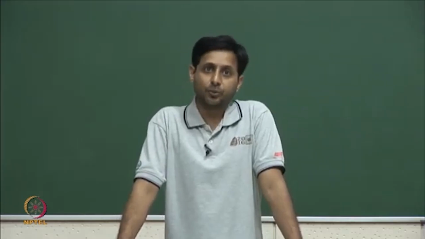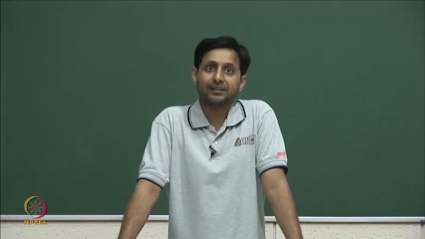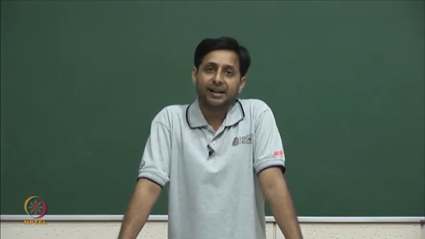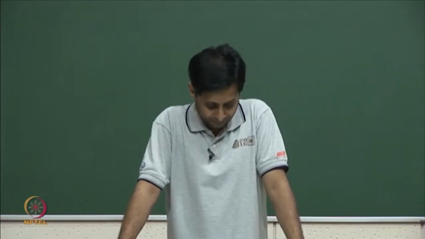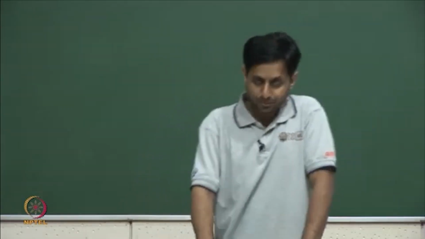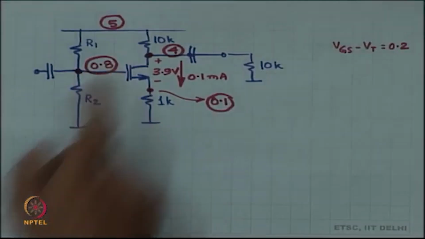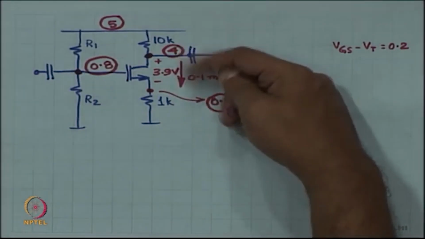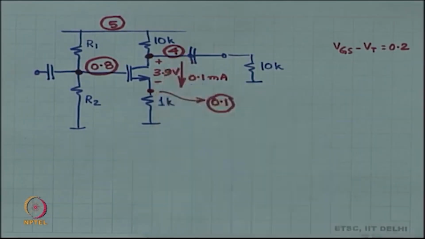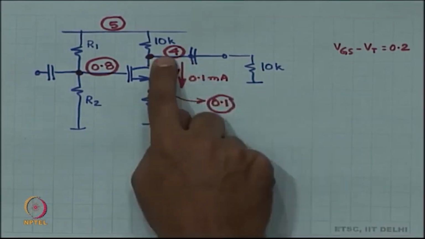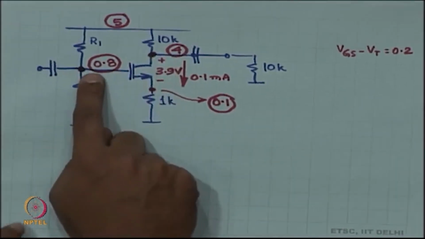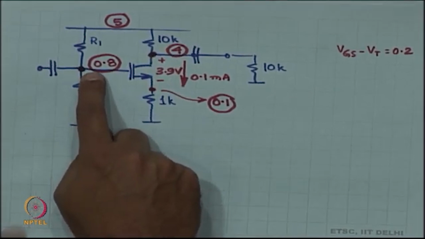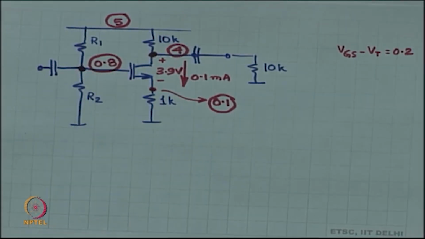So this is the DC operating point analysis, and once you are through with the DC operating point, then we need to figure out what are the limits, the maximum and minimum at the output. So the input is going up and down around 0.8. Accordingly, the drain voltage is going to go down and up around 4 volts, when the gate voltage is going up and down around 0.8 volts.